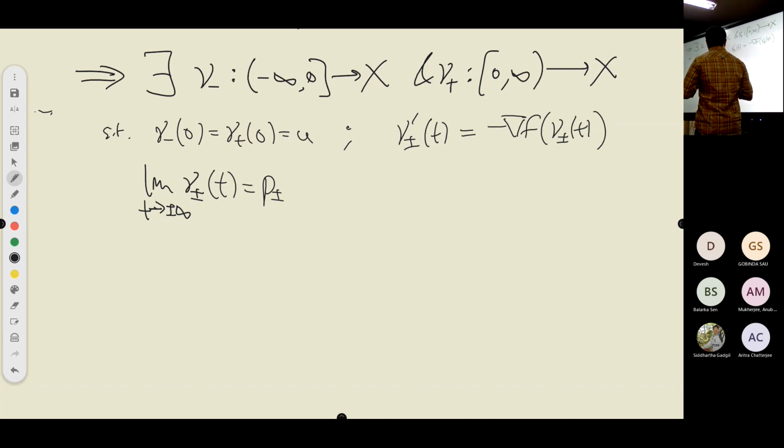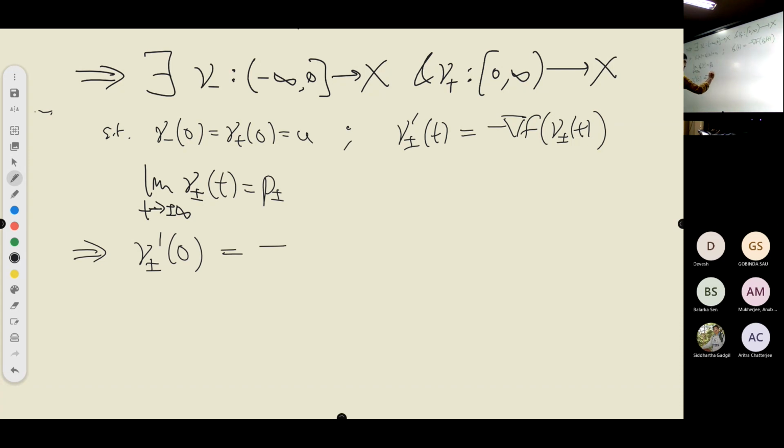All right, so with this, what we'd like to now say is that you can join both of these trajectories, gamma minus and gamma plus, to get a gradient trajectory. That's not a big deal because at u, both of our trajectories have derivatives at zero that coincide, and they're just the gradient of f at this point u.